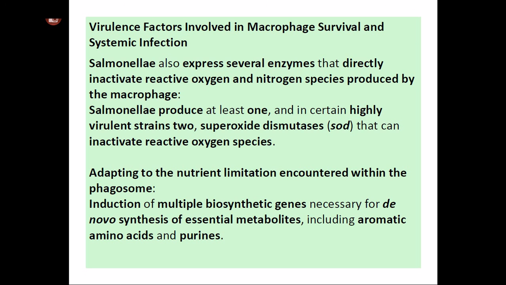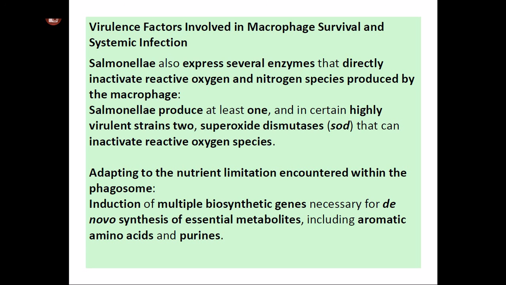Now, adapting to the nutrient limitation encountered within the phagosome is very important, because inside the phagosome there is also nutrient limitation. Not only do they need to survive against the phagosomal machineries, but there will also be a limitation of nutrients. And how are they coping with that? They can cope with that using the de novo synthesis genes that are present inside the Salmonella genome.